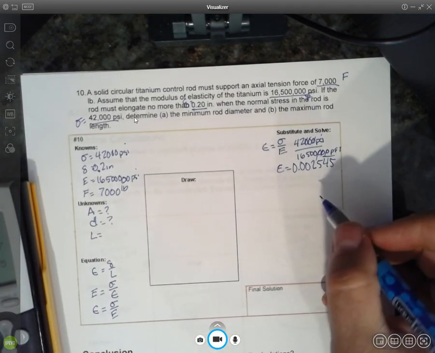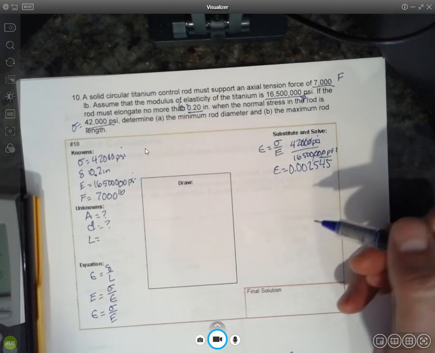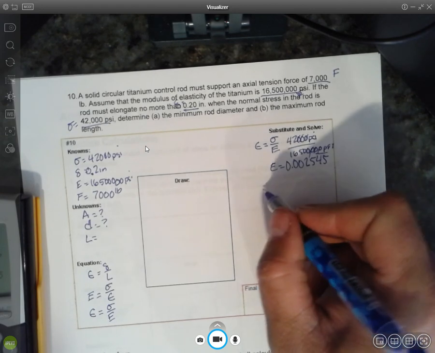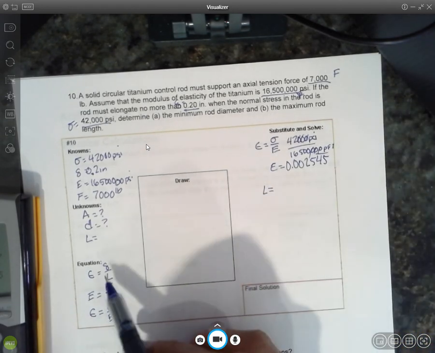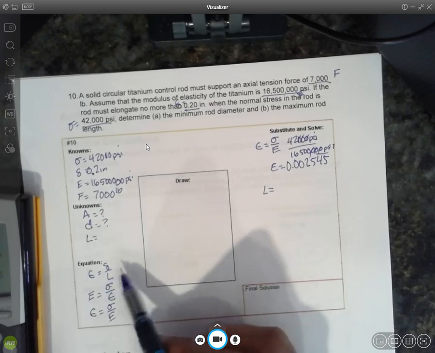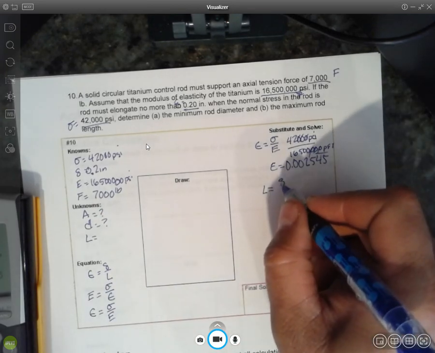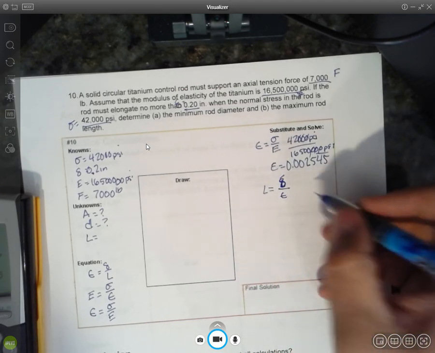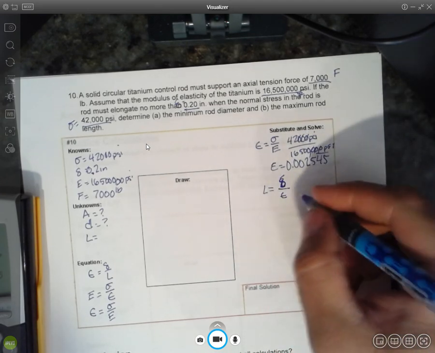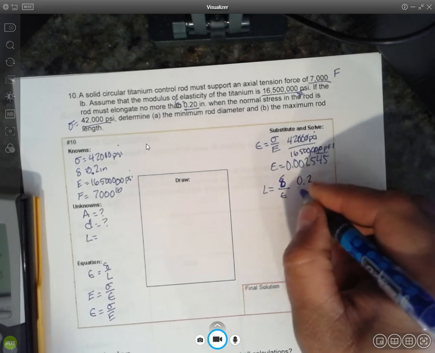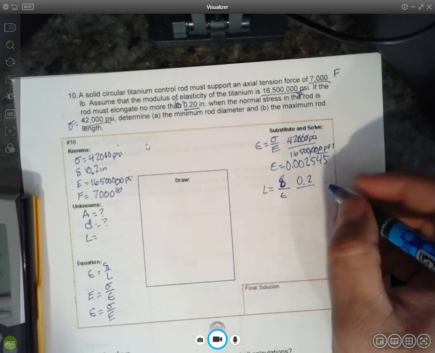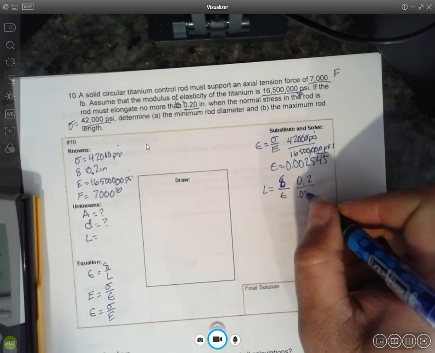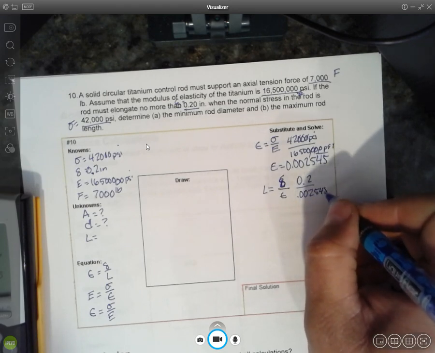Now that we know strain, we can use that to figure out length. So if I rewrote the equation for length, multiply by length, divide by strain, it is the deformation divided by the strain. And deformation, we said 0.2 inches divided by the strain, 0.002545 repeating.